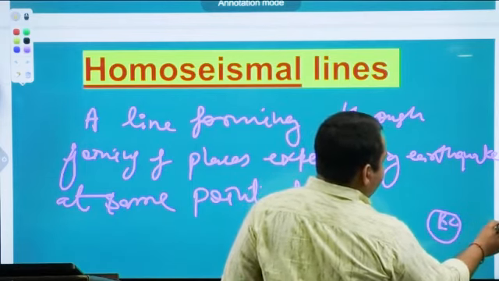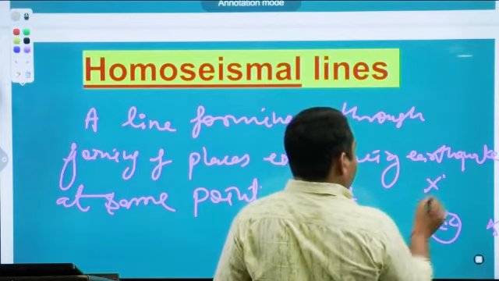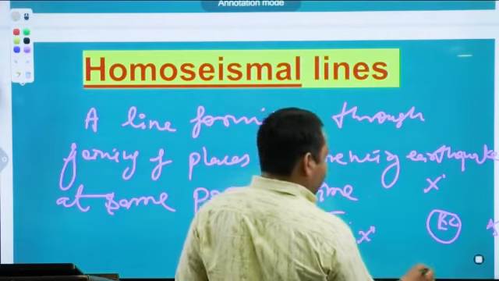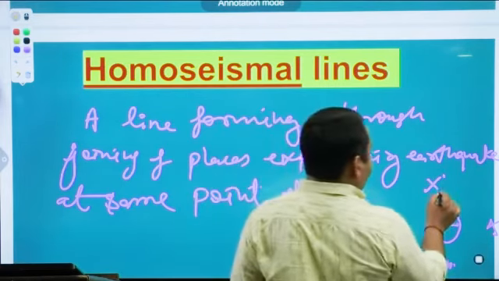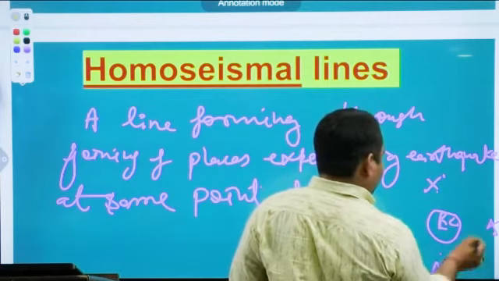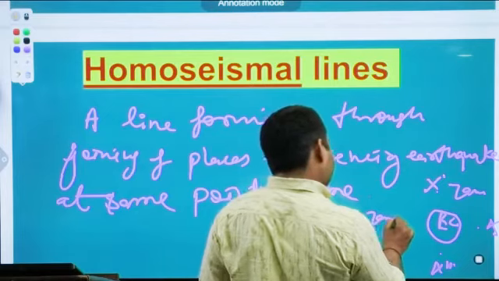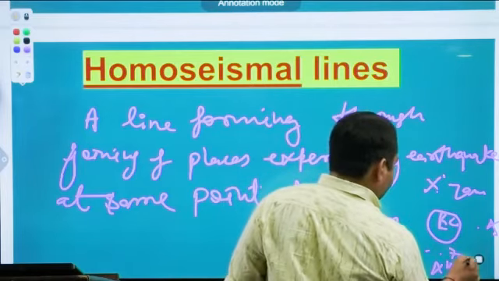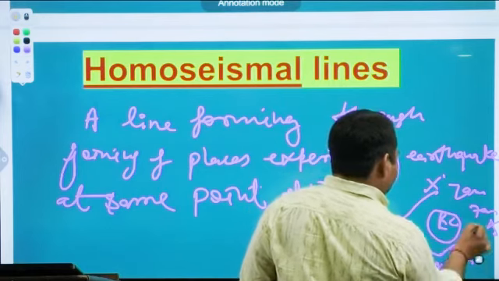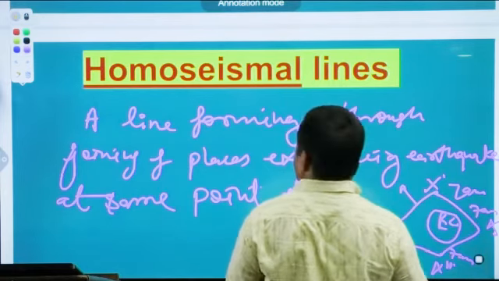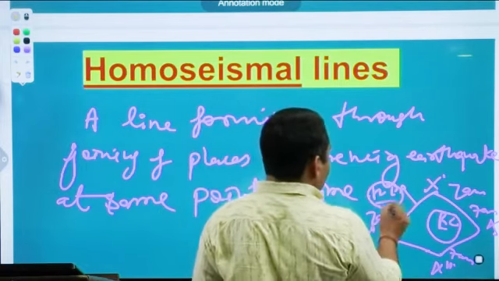There are points like x, x dash, x double dash and x triple dash, and at these points earthquakes occur at 7 a.m. When we join these points, the created line is called a homoseismal line.